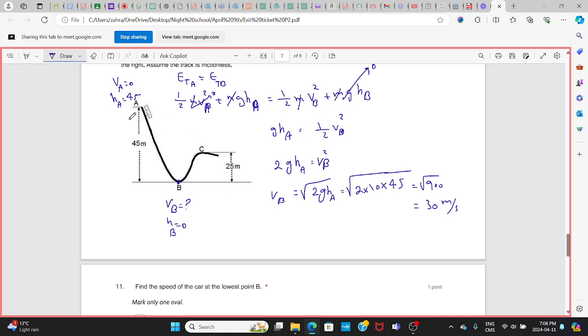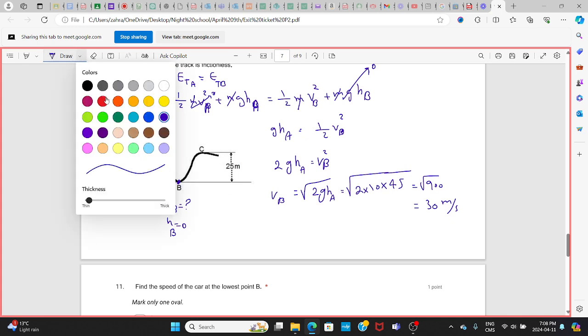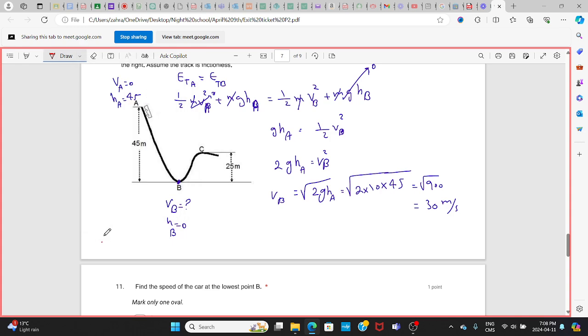Find the speed of the car when it reaches point C. So for point C, I'm going to use a different color. For point C, I want to find the velocity, right? I know some h is there, which is 25, of kinetic and potential here. So to do that, I can take my point 1 to be B or A, doesn't matter.